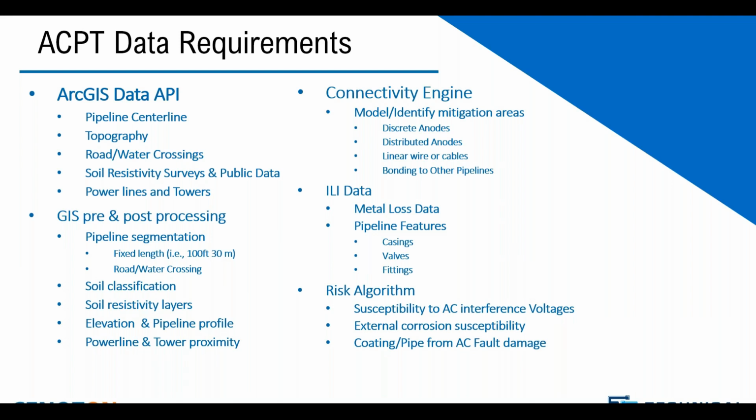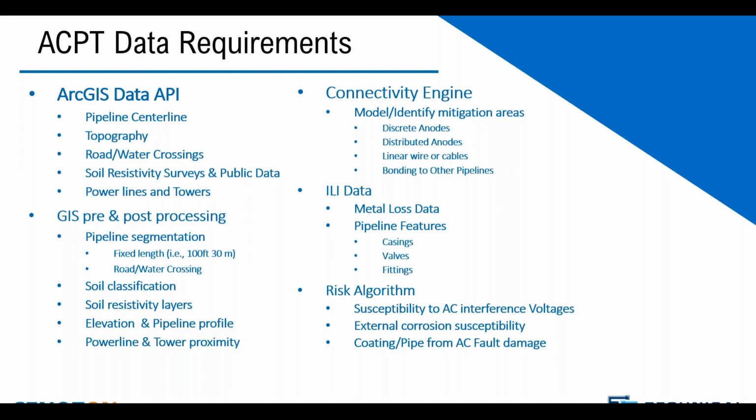We can use that, or we can use general DEM data or elevation data from other private or public sources. And of course, the results will vary based on the type of data, as well as power line and tower locations. So we have a host of public data sets available, and we can also accommodate any private data sets that are provided by your local power company.